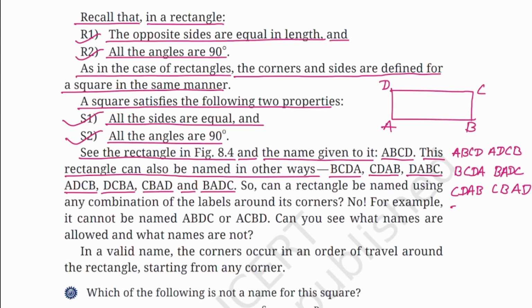Similarly, DABC or DCBA. No points should be left in between.